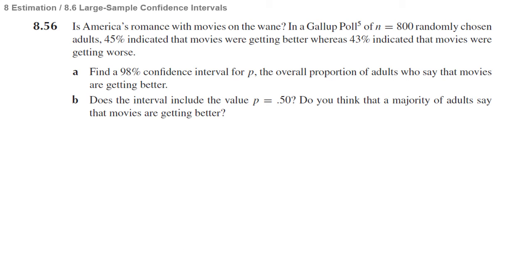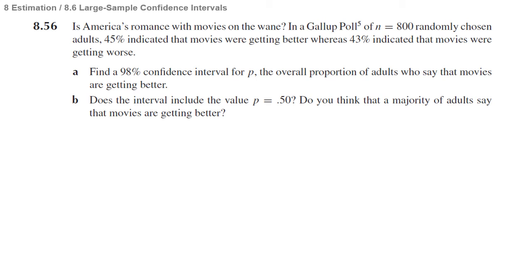Okay, let's move on to exercise problem 8.56. Is America's romance with movies on the wane? In a Gallup poll of n equals 800 randomly chosen adults, 45% indicated that movies were getting better, whereas 43% indicated that movies were getting worse.